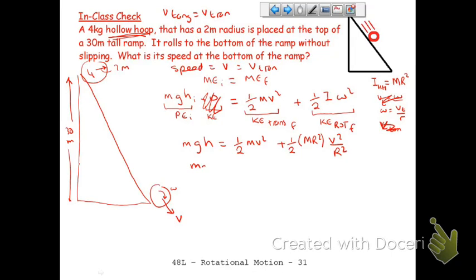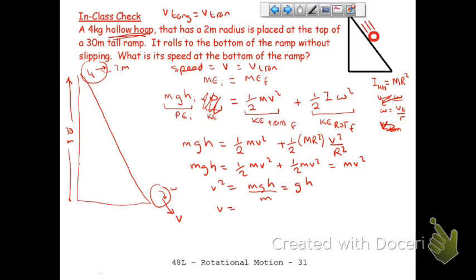So mgh is equal to 1/2 mv squared plus a half mv squared, which equals mv squared. So v squared is equal to mgh over m, which equals gh.